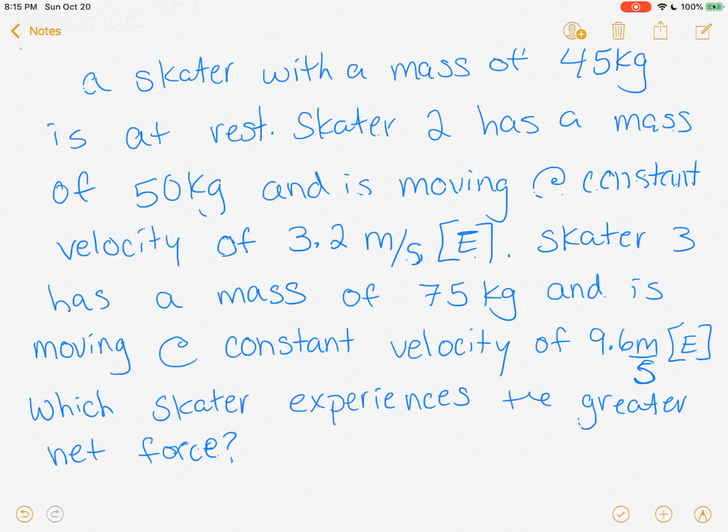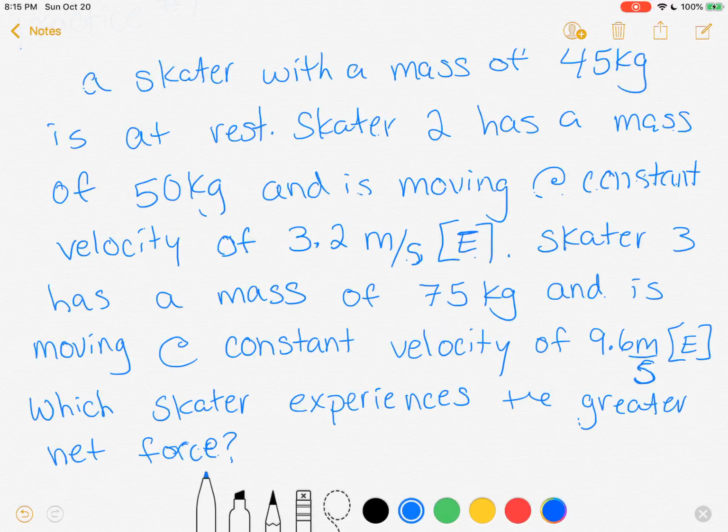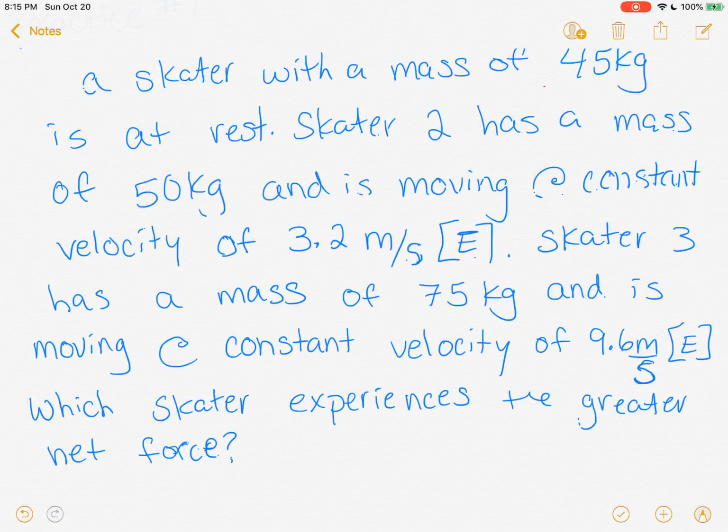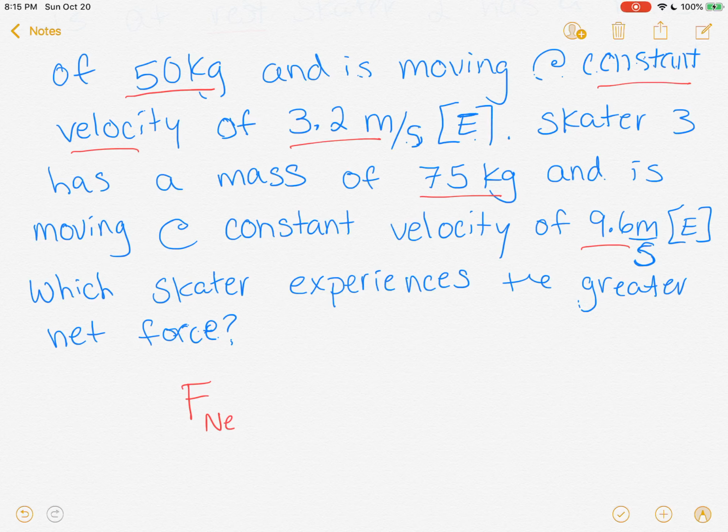Okay, so with this question, we have skater number 1, and skater number 1 has a mass of 45 kilograms and is at rest. Skater number 2 has a mass of 50 kilograms, moving at a constant velocity. And skater number 3 has a mass of 75 kilograms, also moving at a constant velocity. And so every single one of these skaters is experiencing Newton's first law.